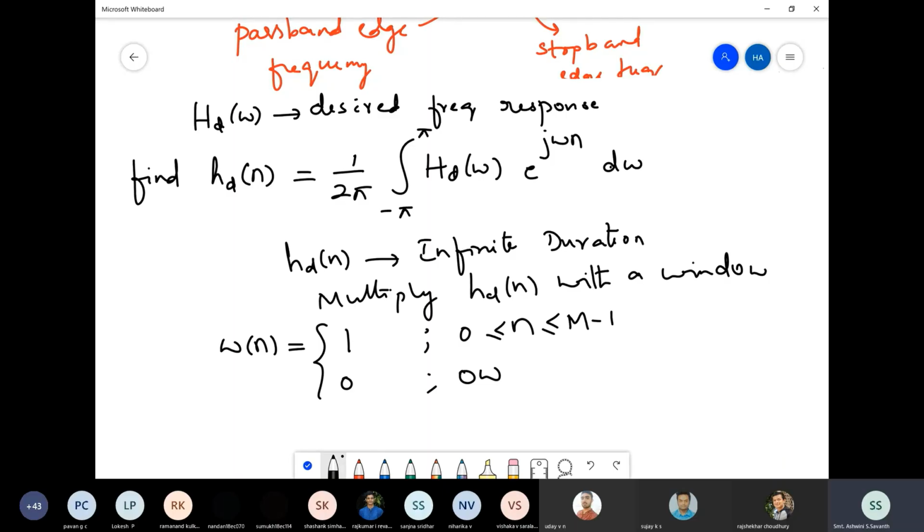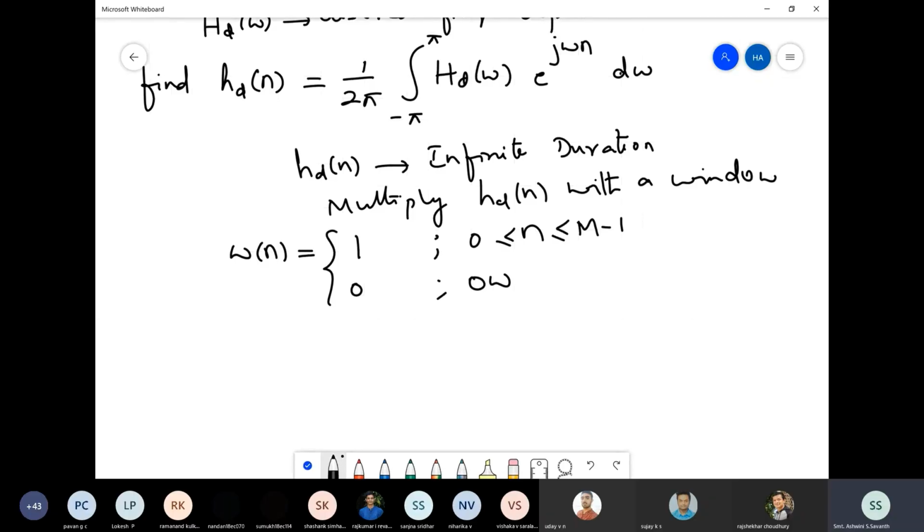If you multiply the HD of n that you obtained with W of n, the samples will come down to just samples from 0 to M minus 1. So that became our FIR filter H of n.